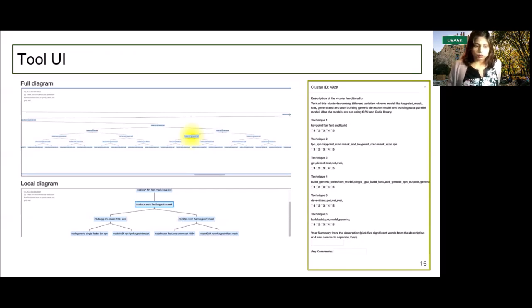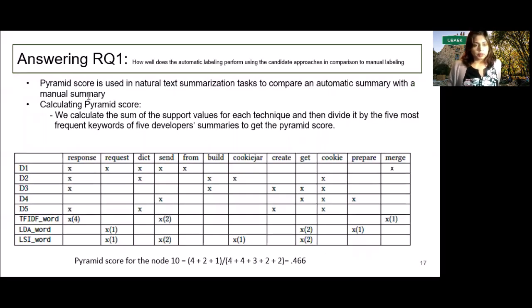So our first research question is about how well the automatic labeling performs using the candidate approaches in comparison to manual labeling. We make use of the pyramid score, which is used in natural text summarization tasks to compare an automatic summary with a manual summary.